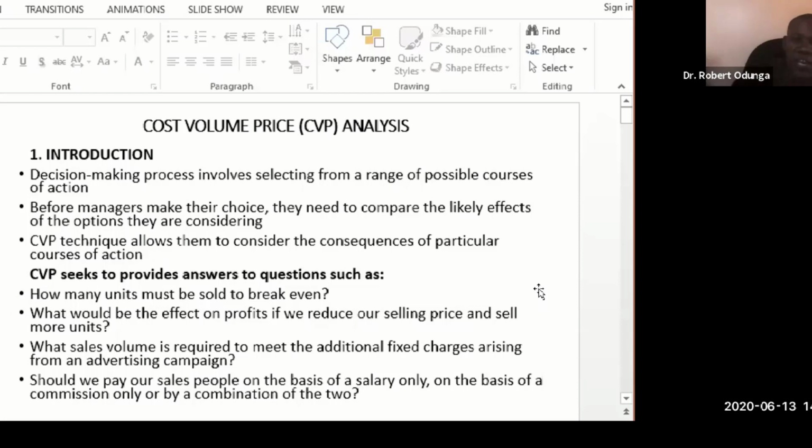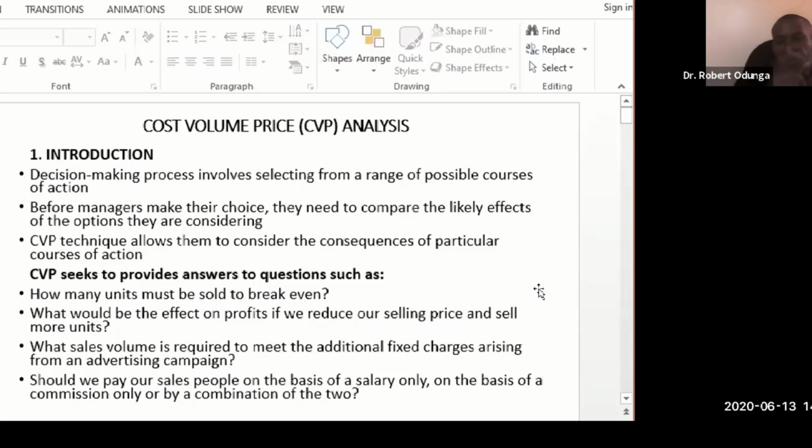So when you sell more, you tend to make more, even if it's little. You tend to make more sales. With more sales, then you are able to cover up your profits or make your profits. So such questions are critical for managers.